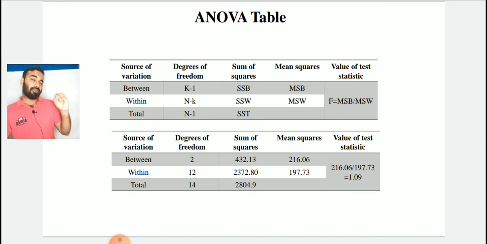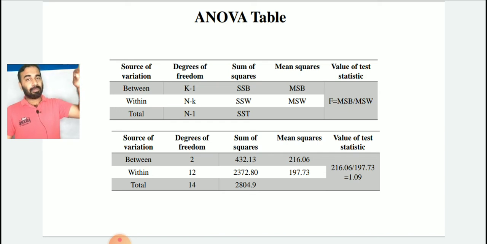Okay, third, the rejection and acceptance region. How can we find it? First check what kind of confidence level you want. For 95%, it is 0.05. Then look at the degrees of freedom in the numerator and the degrees of freedom in the denominator.